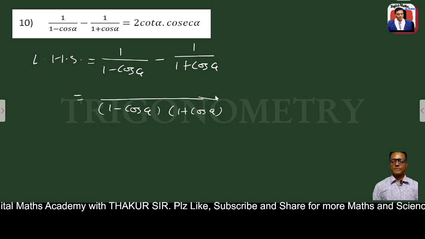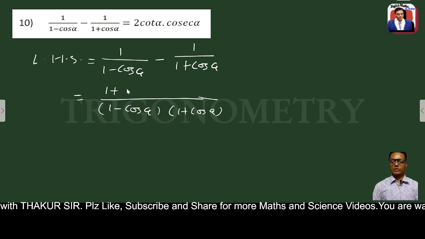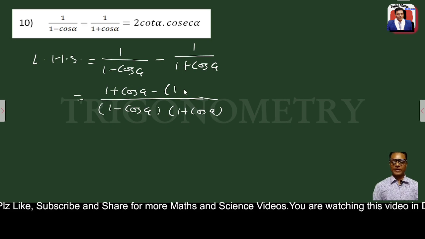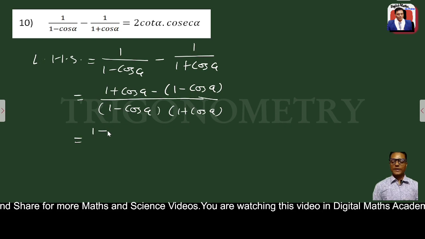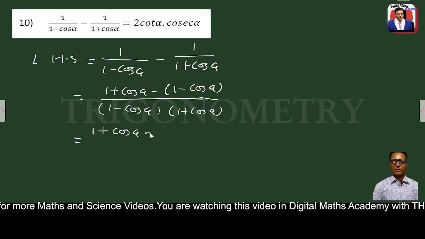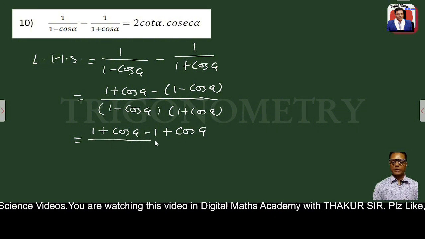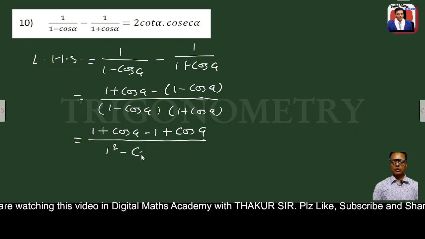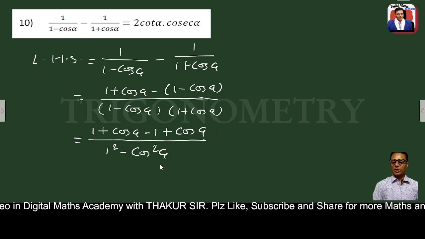So we will have 1 plus cos alpha and minus, and after minus we write inside the bracket 1 minus cos alpha. When you open the bracket we have 1 plus cos alpha minus 1 plus cos alpha. Then we have a plus b, a minus b, so we can write 1² − cos² alpha, because (a + b)(a − b) equals a² − b².